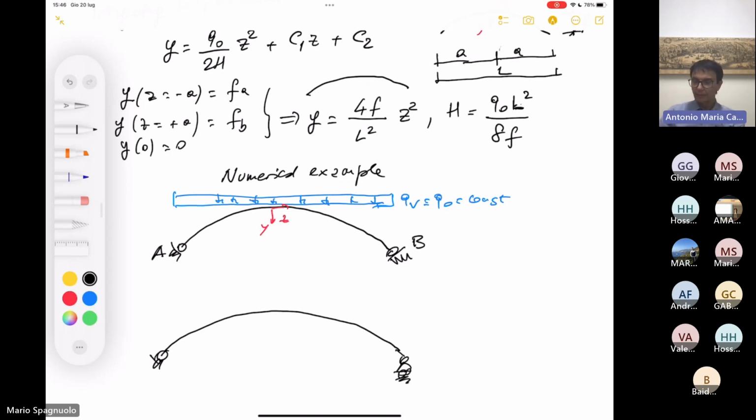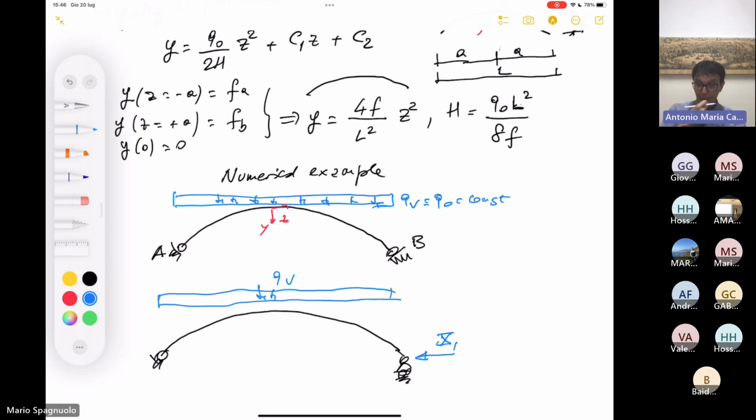which is just a fixtures structure subject to the vertical load, the same load obviously, and also to an axial thrust that we will name x1, which is unknown.